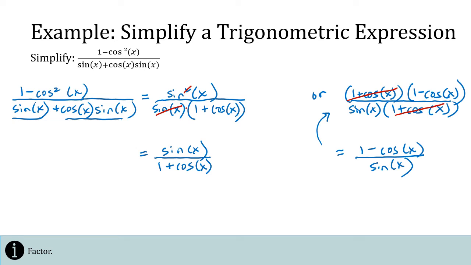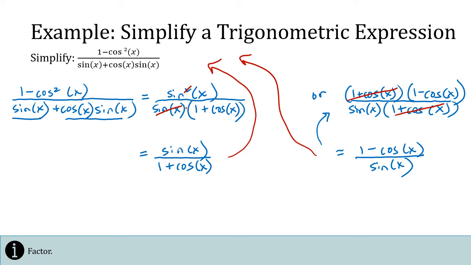These look a little bit different, but they both should be simplifications of the original expression. There's not necessarily one that's more right than the other. In this case, you're not being told much other than simplify, so either one of these could work.